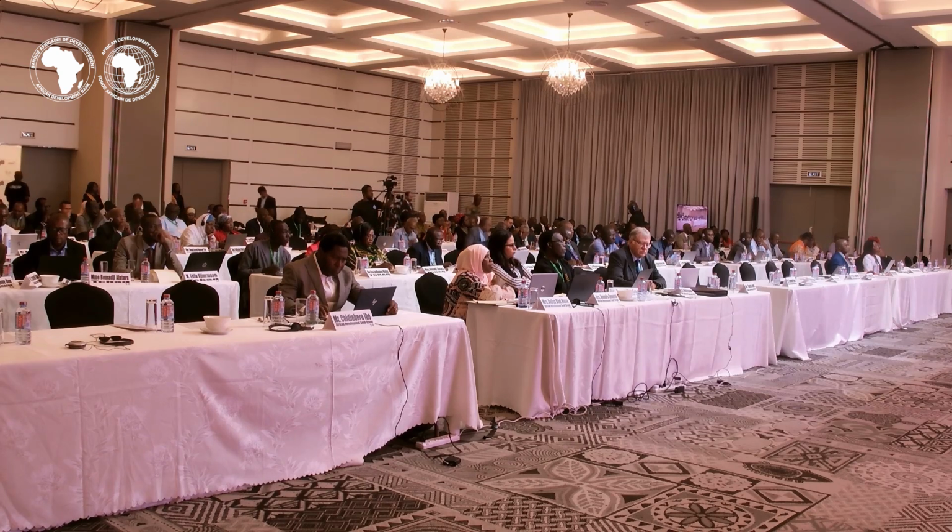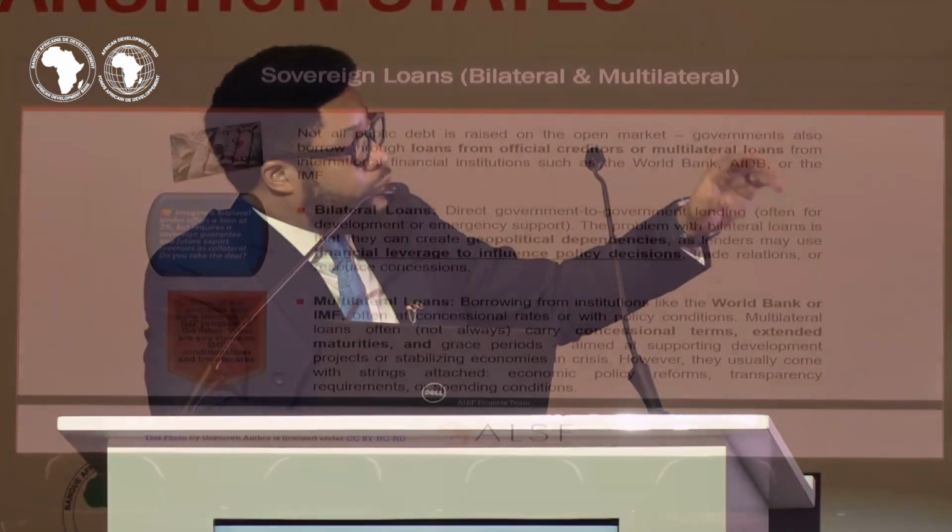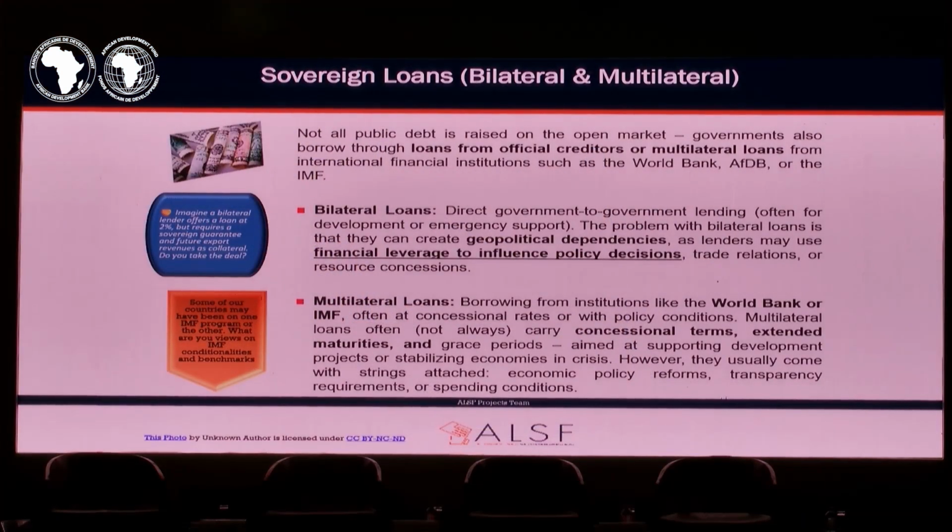And so on the next slide, I talk about the fact that not all public debt is raised on the open market. It's raised via bonds. And so sometimes governments can borrow from official creditors or multilateral loans. I will just talk a bit about bilateral loans and multilateral loans. So bilateral, oftentimes when we use bilateral within this sector, people mistake it to be just loans between governments, but bilateral literally means between two.